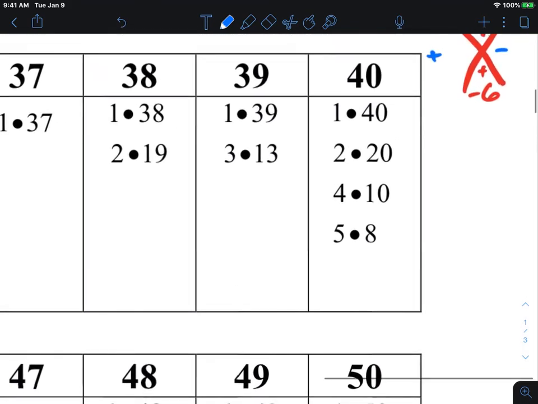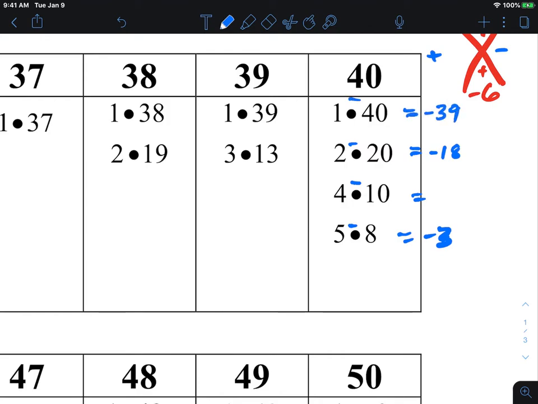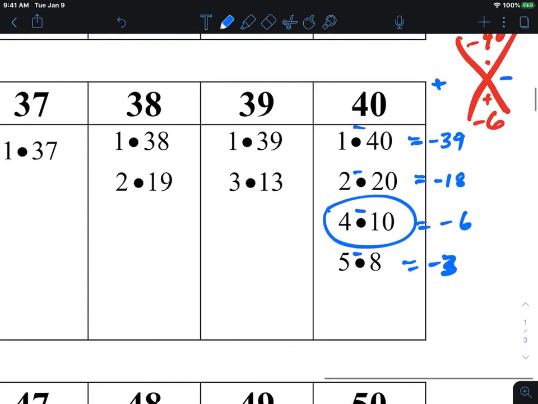Right, so I was saying that pretty quick. So the only one that's going to make any sense to me is going to be 4 minus 10. So that means the positive's got to be a 4, the negative has to be the 10. So those were my factors.